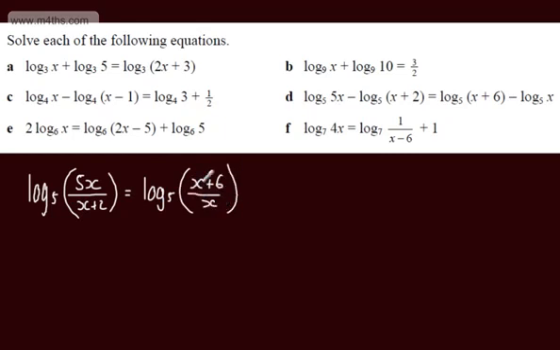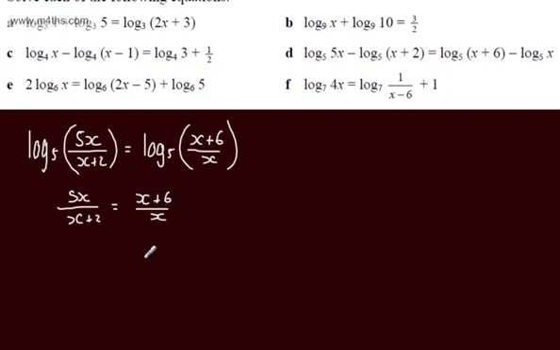At this stage, I can simply write now that 5x over x plus 2 will be equal to x plus 6 over x. We have a quadratic equation in x, so we need to go ahead and solve. So if I multiply both sides of the equation by x and x plus 2, we can have 5x squared will be equal to x plus 2, x plus 6.